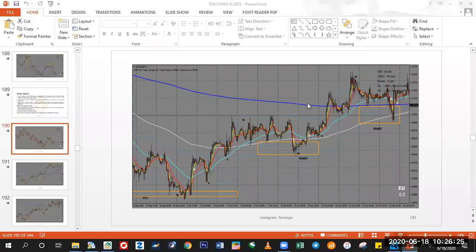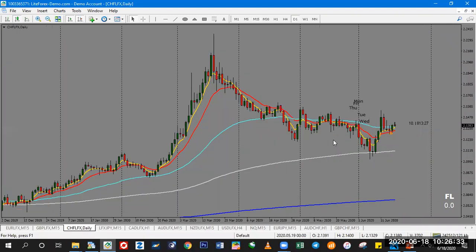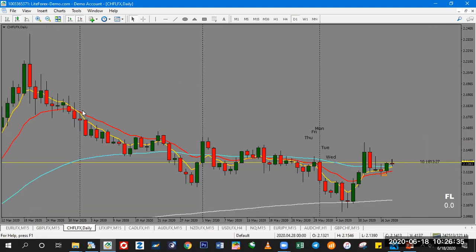And this is what the chart is giving us. From the daily time frame, this was a complete cycle of the daily, and here we had a reversal. So we had level 1. See, the retracement came all the way to the 13 EMA. See this reversal. It's a very good reversal pattern.